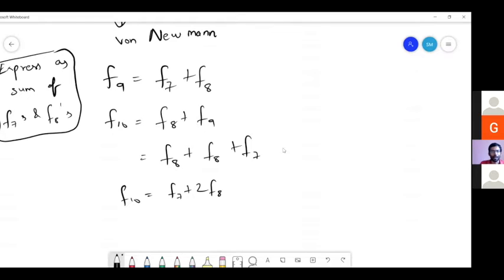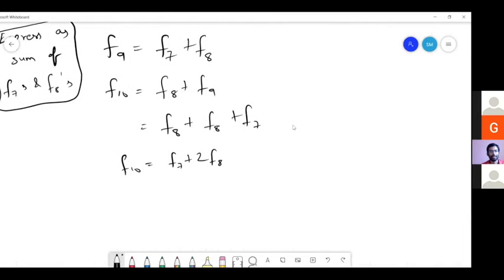So continuing like this, if you want to express F100, how would you do it? And what is the pattern? F100 is actually F92 into F7 plus F93 into F8.